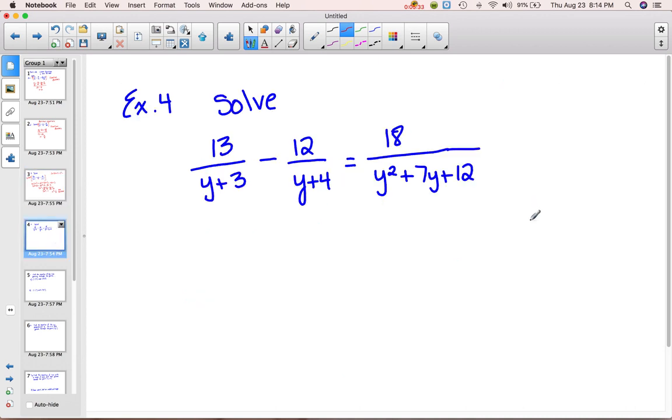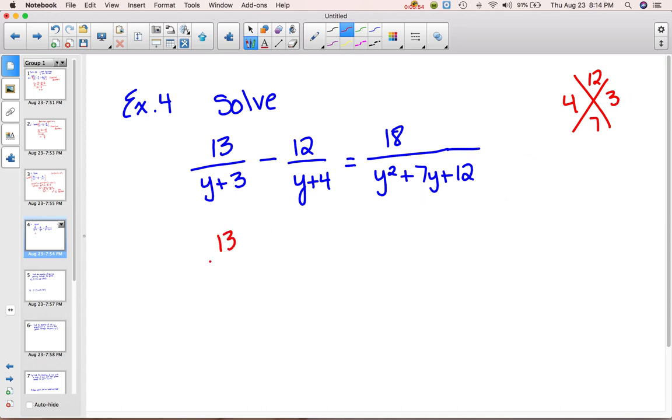Okay, so on this one, a strategy you might want to try, don't deal with this as a quadratic. Let's go ahead and factor this. So if we go ahead and factor this, you can do a diamond problem if you want. We've got a 12 and a 7, which gives me a 4 and a 3. So I'm going to factor this, and I'm going to rewrite this.